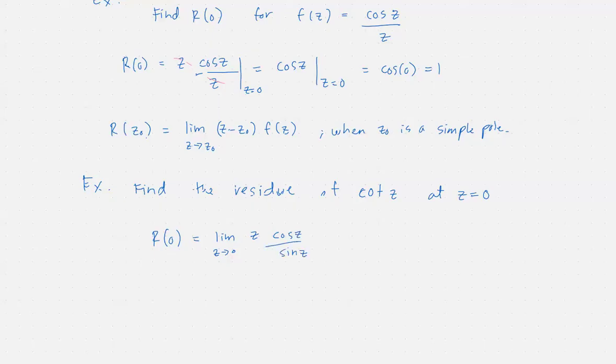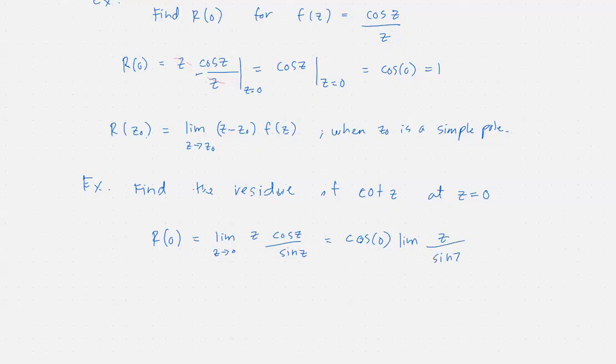Now, if we substitute 0 for z, what's going to happen here? What is sine of 0? Sine of 0 is 0. So we're going to have an indeterminate form. Now, we do remember that when we substitute 0, we can isolate cosine 0, and then the limit of z over sine z as z approaches 0.